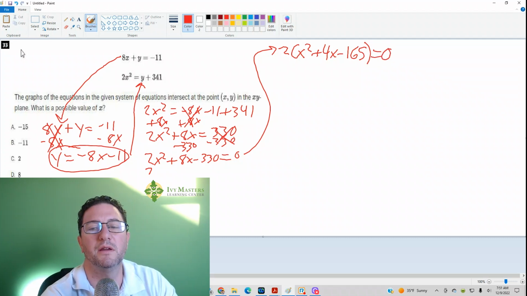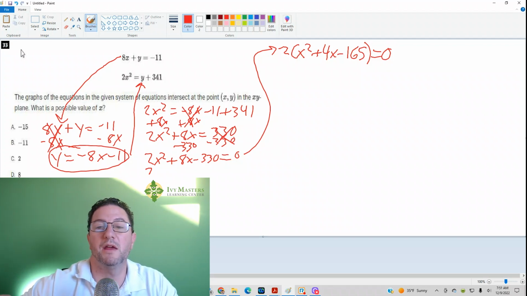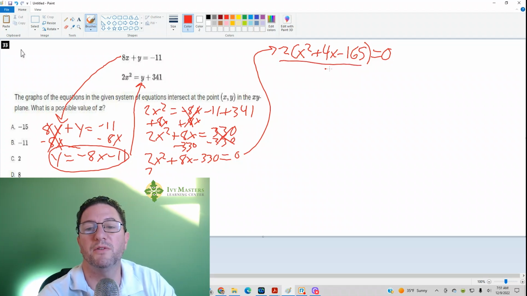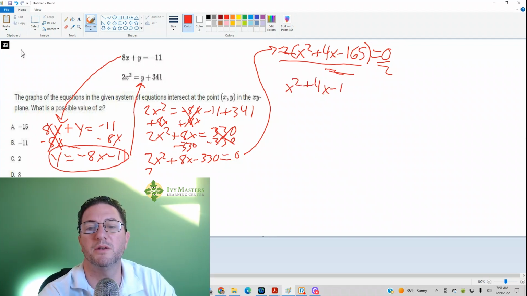Chances are you're not going to know 330 divided by 2 right off the bat, so you just plug it into your Desmos calculator and get it that way. If I divide both sides by 2, this cancels, and now I've got x squared plus 4x minus 165 equals 0.